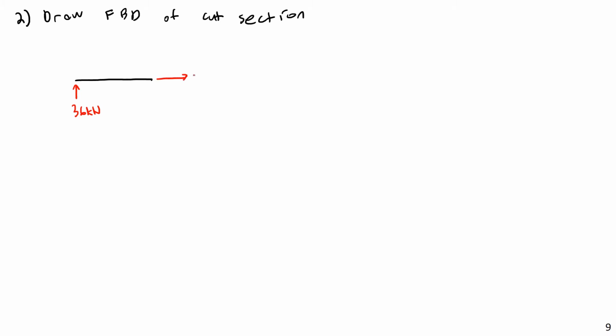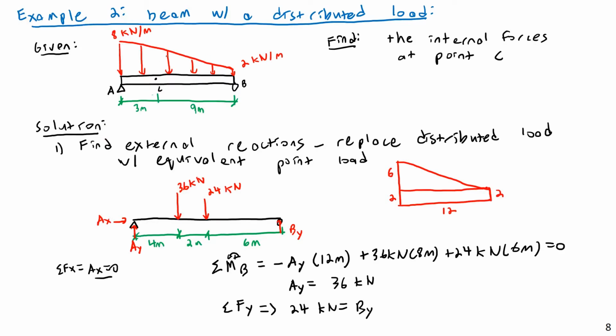So this is point C, so I have an NC, and then a downward, but positive, VC, assuming positive shear. And then I'll assume a positive moment as well, MC. Now, I have my trapezoidal loading, and we start here at 8 kilonewtons per meter.